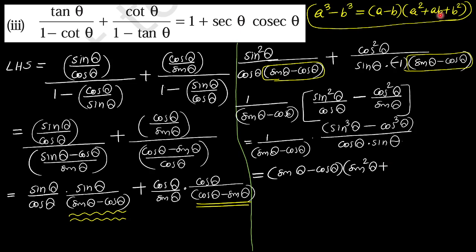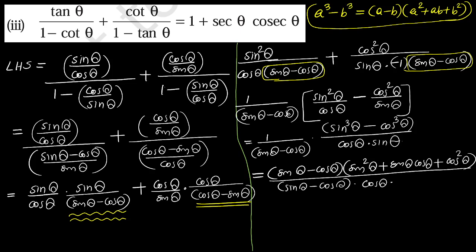AB will be sine theta cos theta. Plus b square will be cos square. In the denominator, there is another sine theta minus cos theta, and one cos theta sine theta.